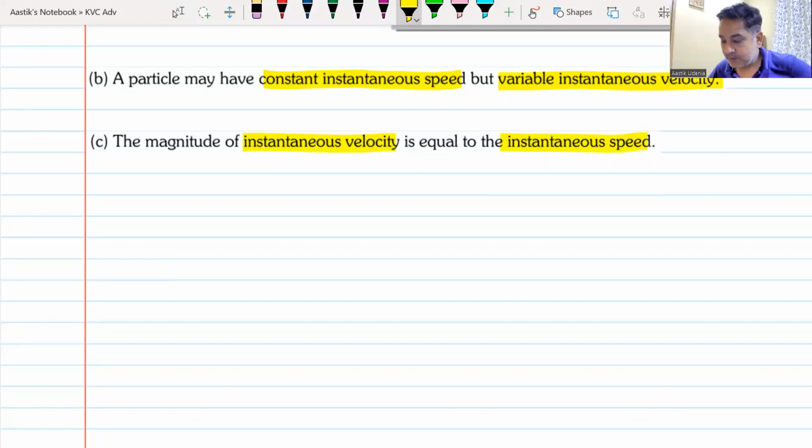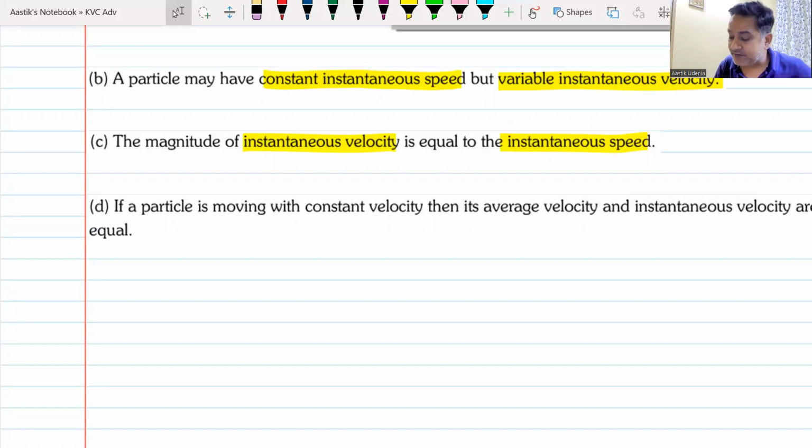Then, sir, if a particle is moving with uniform velocity or constant velocity, then its instantaneous velocity and average velocity will remain the same. We have discussed this point. Yes or no? Yes, sir. Similarly, when it is moving with constant speed, its instantaneous speed and average speed will remain constant. Yes or no? Yes, sir.